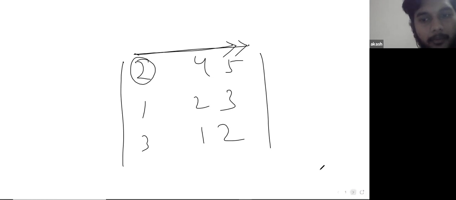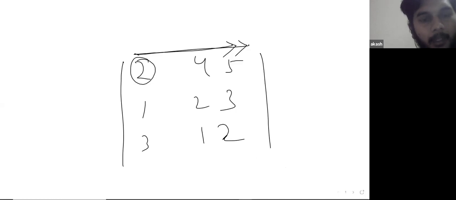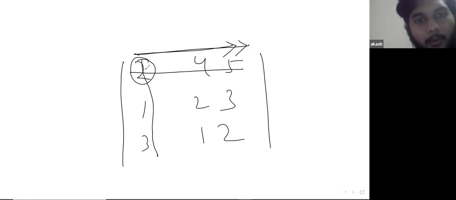So write down 2 into brackets. Remove the row and column having 2 in it. What do we have? 4 minus 3. Oh, what are you saying? 5?